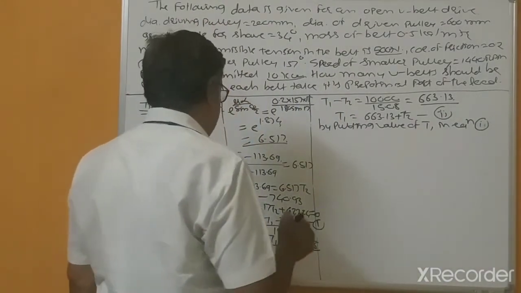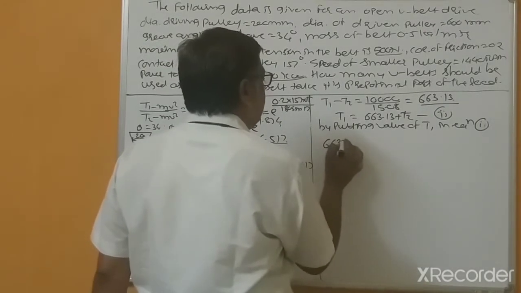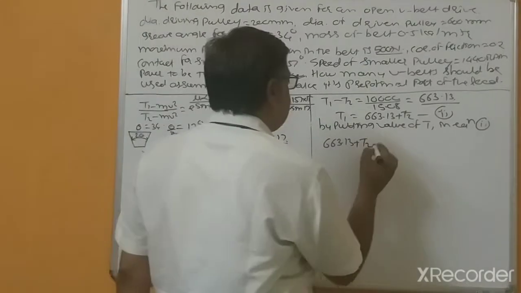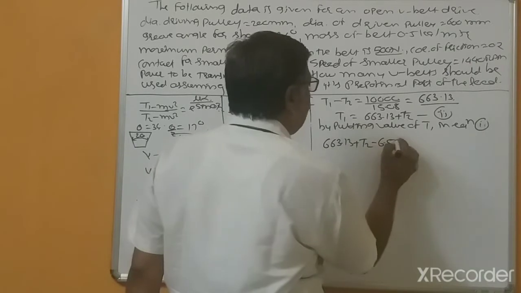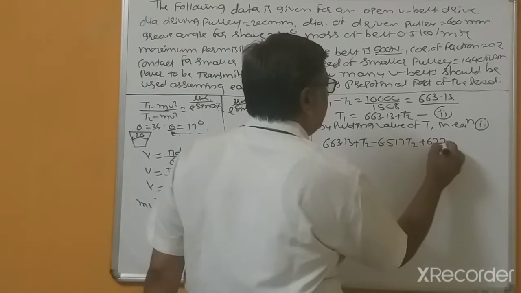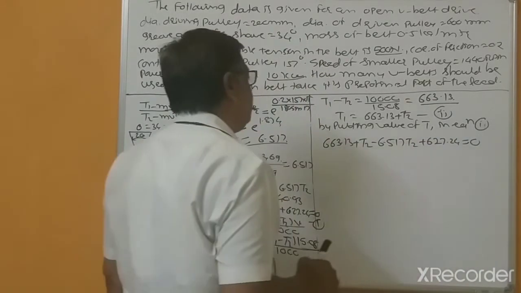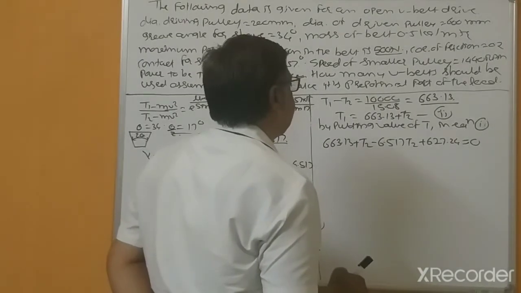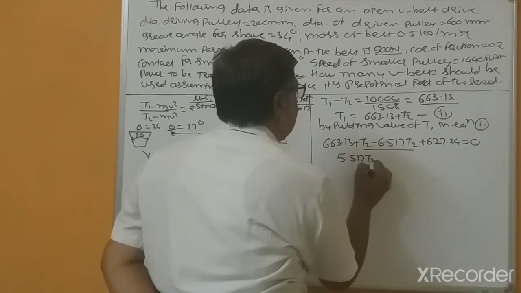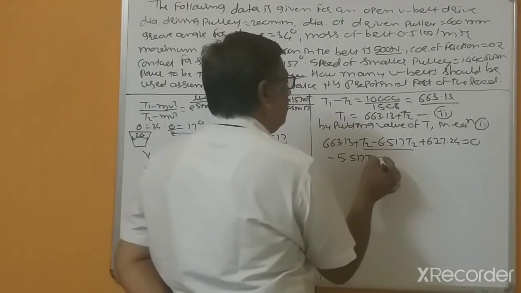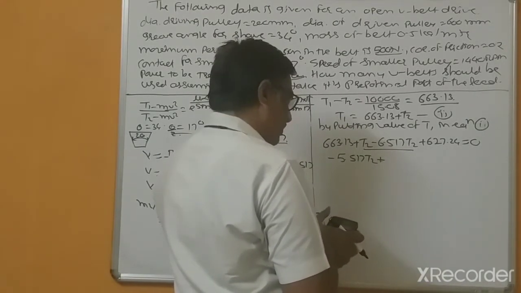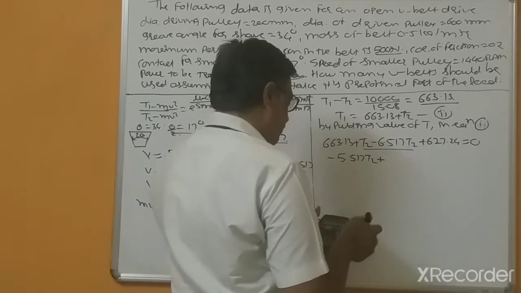T1 equal to 663.13 plus T2, minus 6.517 T2 plus 627.24 equal to 0. So this is 5.517 T2, negative, plus 627.24, giving 1290.